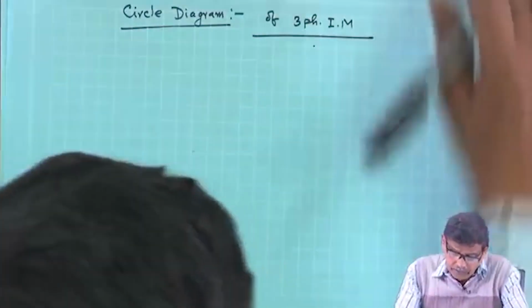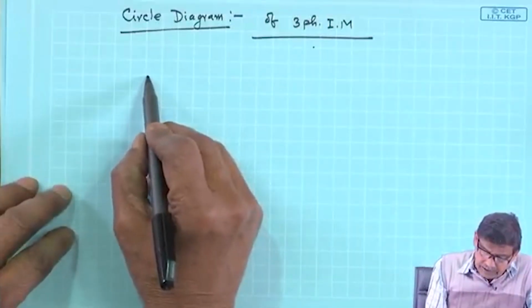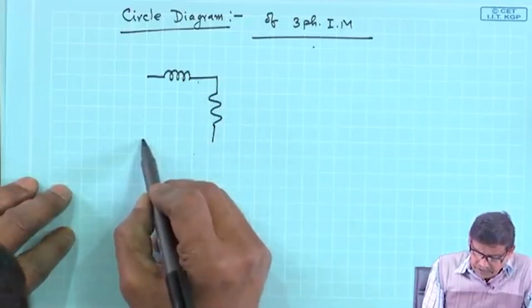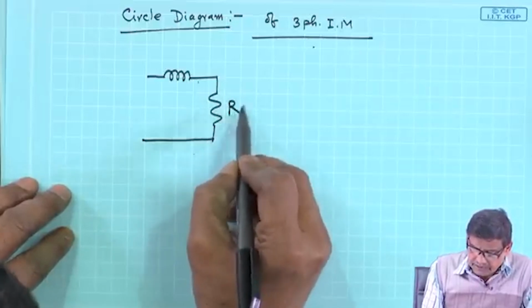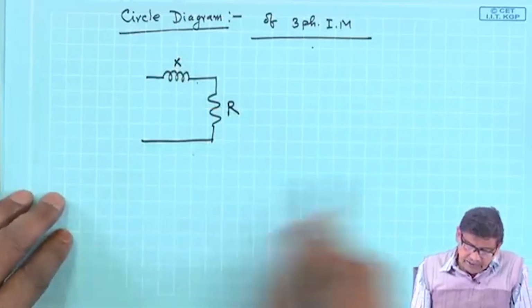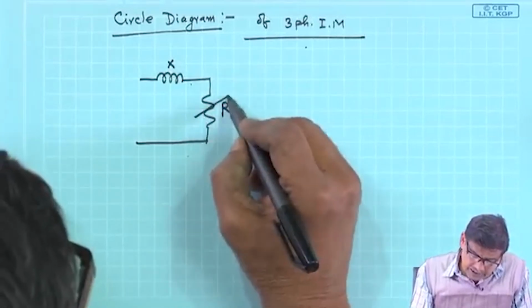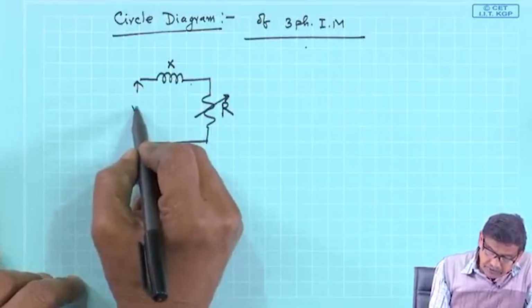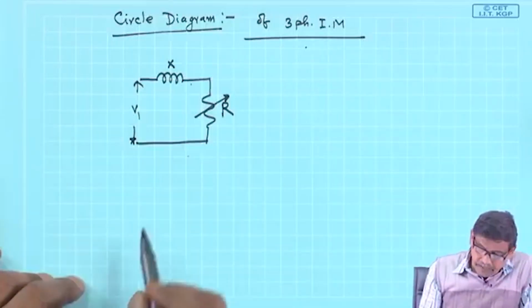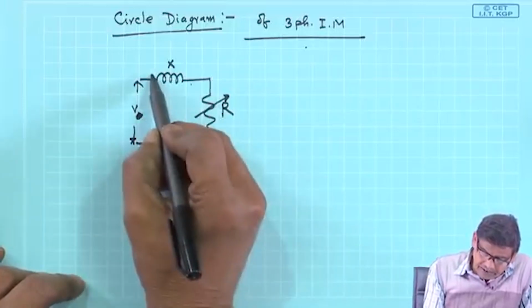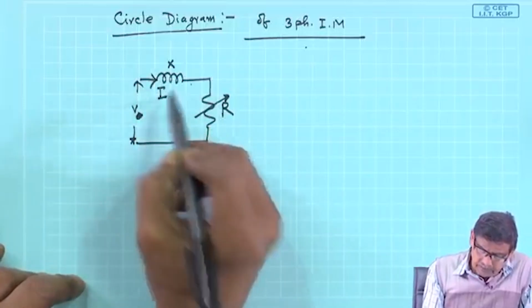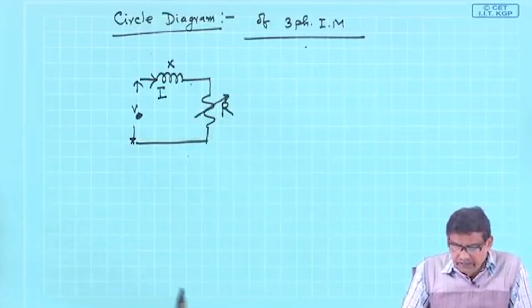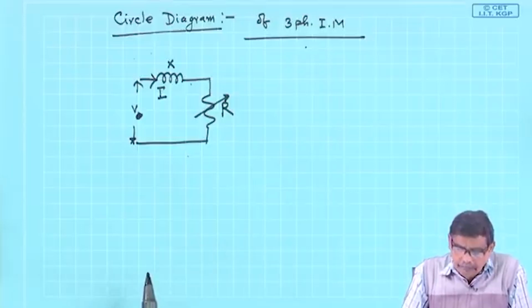For example, consider an RX circuit, which is true in general for any RX circuit, R and X. And suppose I say that resistance is being varied with supply voltage fixed at V. Suppose the current is I. Obviously, this resistance I will vary from 0 to infinity.